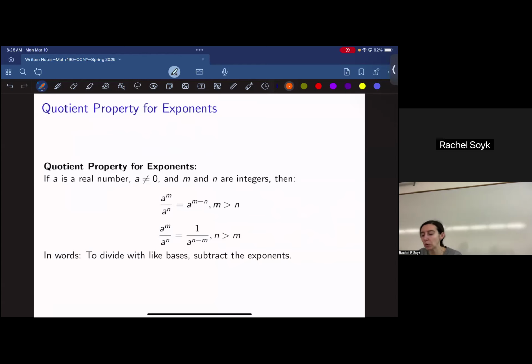And so this is the more formal way of writing out this rule. Quotient is just a fancy way of saying division. You know, some students can get tripped up over this word. And so again, if you're dividing numbers that have the same base, you're simply subtracting the exponents.